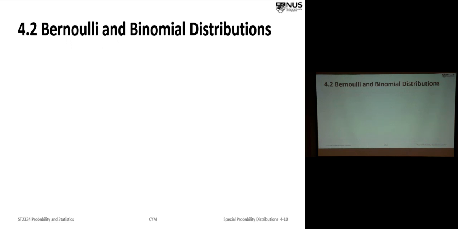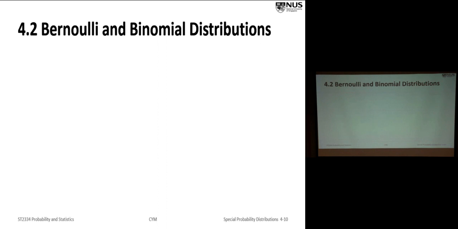We briefly talked about the discrete uniform distribution. Uniform means that every outcome has equal probability. For the discrete case, each possible value of the random variable has equal probability of occurring. So it's uniform. Another very important type is the binomial distribution.